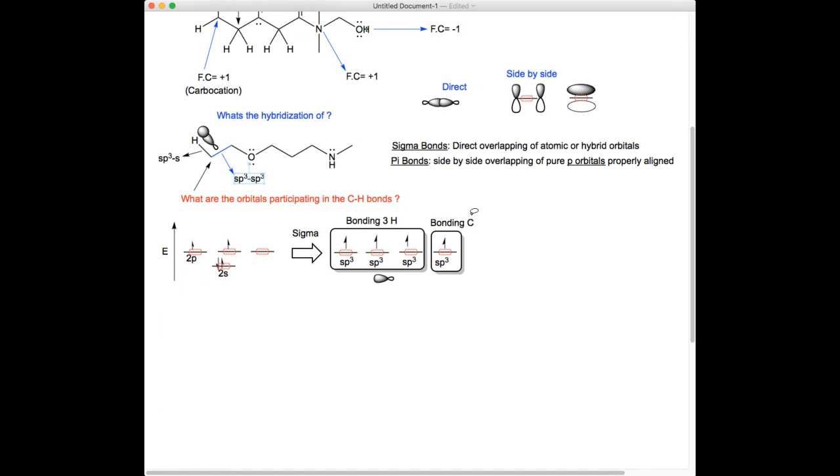How many orbitals are participating in the sigma bond that is color coded with a blue color on the screen? 2 orbitals are participating in that bond. One is an sp3 from the carbon, and because this carbon is sp3 hybridized, that's also an sp3, so it's a sigma sp3 sp3. So what you have to know is you have to assign hybridization to every atom in the molecule, and that will allow you to determine what are the orbitals participating in each bond.